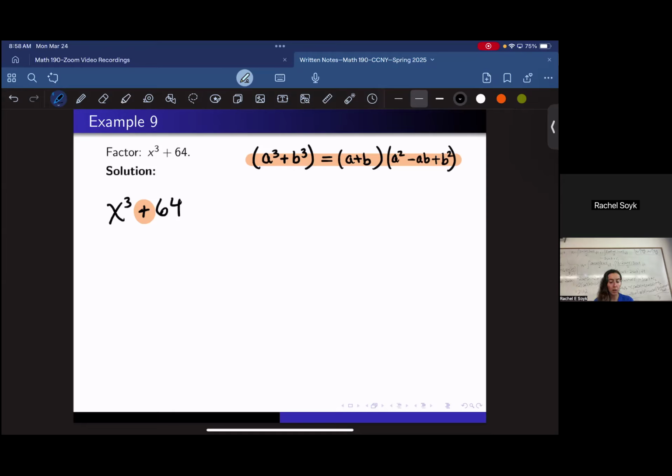Once you have that all written on your paper, it's just being able to identify what is your a versus what is your b in this format. And we can write a cubed plus b cubed right below. So you can sort of very easily identify what is what, but we'll put it off to the side as well.